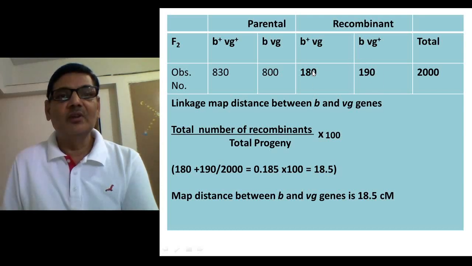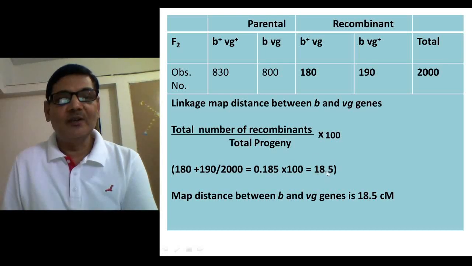So if you count 180 plus 190, that number will be here, 180 plus 190, and this number will be divided by 2000. So the total of recombinant types is divided by the total number of progeny observed, and that gives the value 18.5, and that comes in percentage because you are multiplying it by 100.